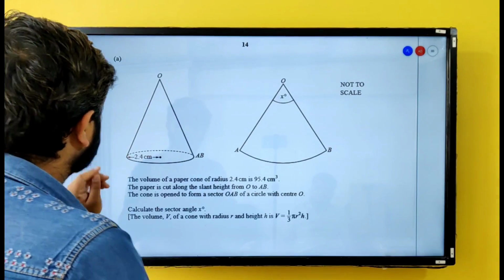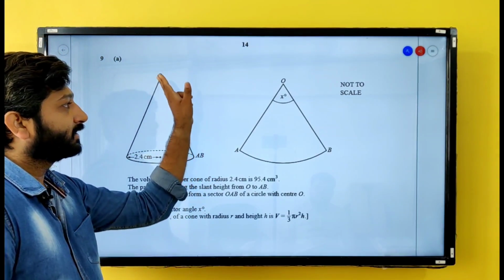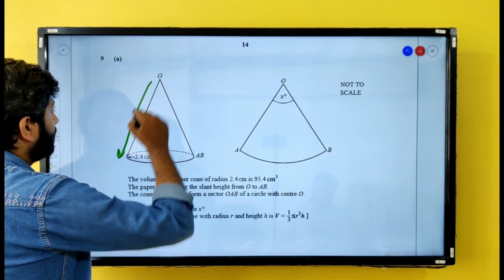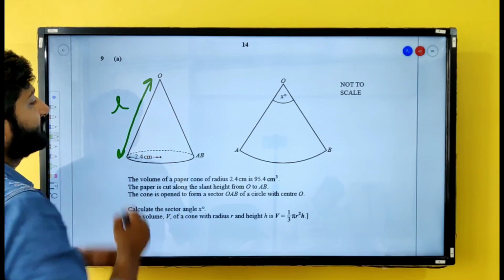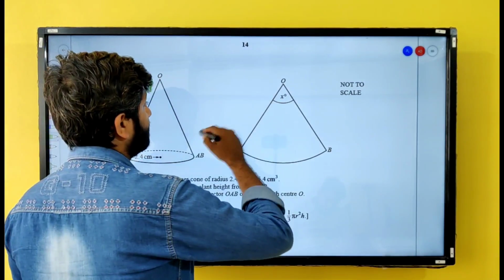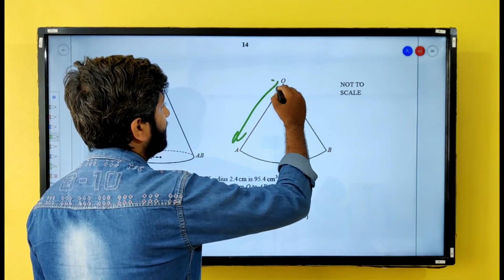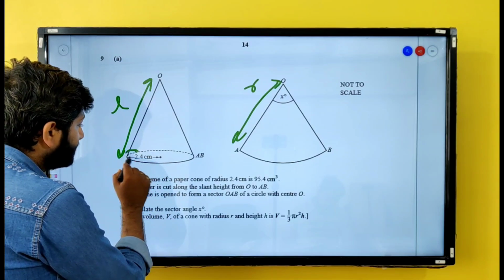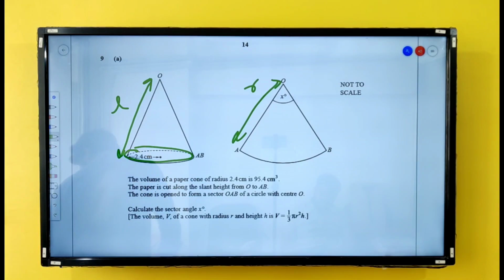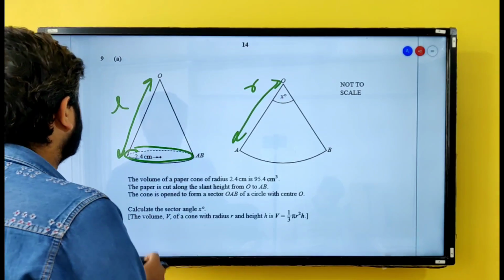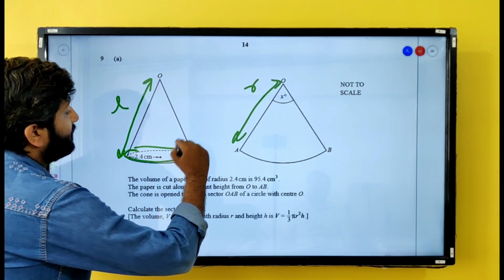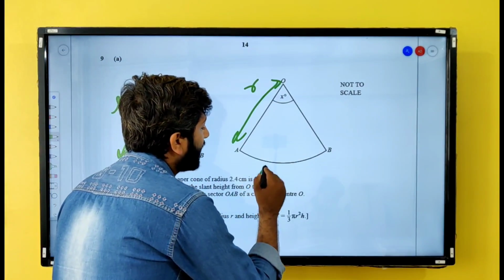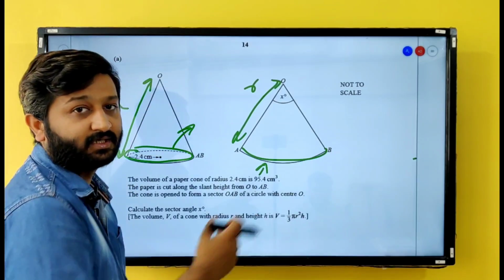So guys, now what happens is this cone is cut and opened in the form of a sector. So the slant height of this cone becomes the radius for this sector, right? And the base circumference of this base becomes the arc length for this sector.